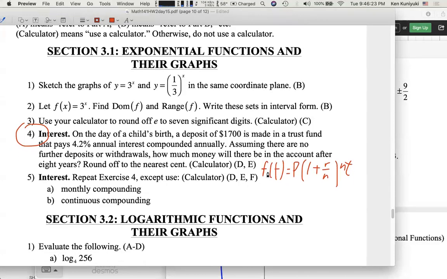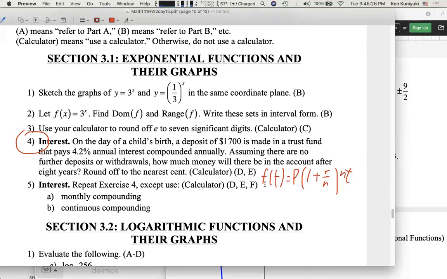All right, let's plug in. So F of 8 years equals, the principal is $1,700. I'll put the unit at the end, okay? 1,700, that's in dollars, times the quantity 1 plus, but here's the thing. If you have annual compounding, that means that n is 1. It's just 1 compounding per year. So you just have to worry about r here. And r is what?